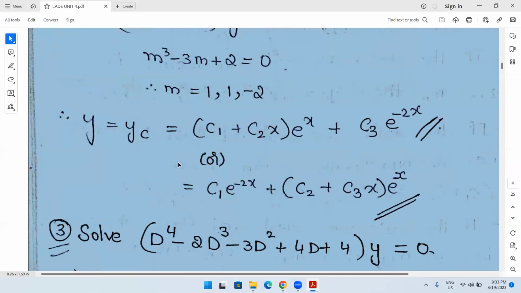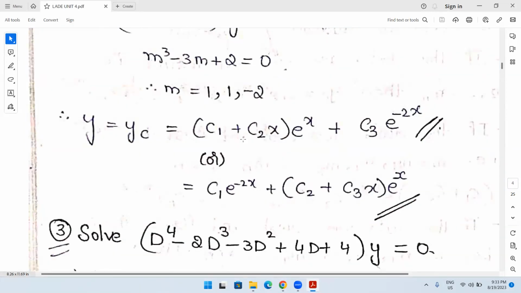Okay. So you may be thinking, suppose I take the roots as minus 2, 1 comma 1. Suppose minus 2 is the first root. Since it is distinct, we can write C1 into e power minus 2x.